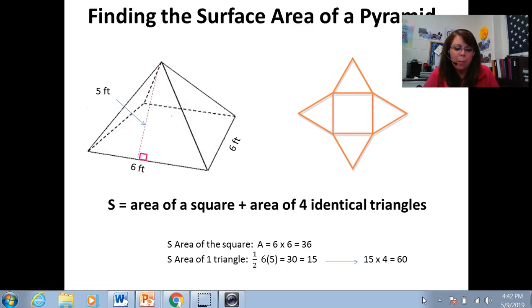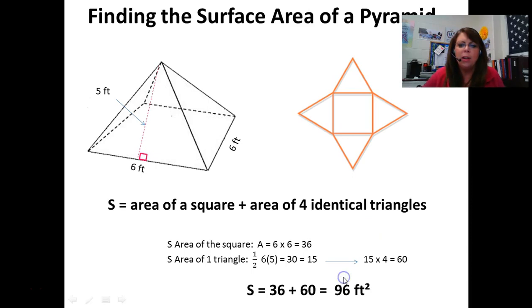We're going to multiply it by 4 so that we can account for each one of these triangles. 15 for this one, 15 for this one, 15 for this one, and 15 for this one. And we get a total of 60. When you add this together, we're going to do exactly what we did for our other shapes. We're going to have 36 plus 60. We get a surface area of 96 feet squared for this particular shape.